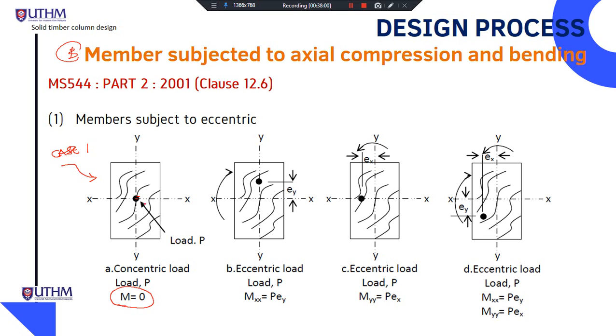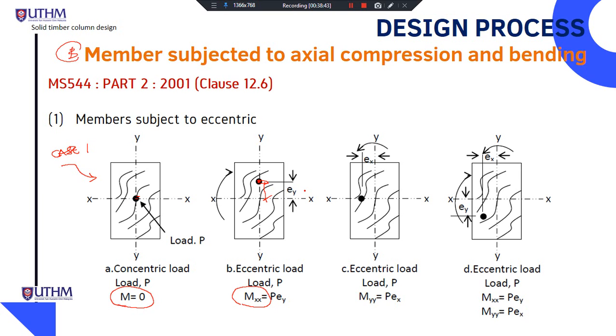Once this loading is located far from the centroid, from any direction, let's say this loading is located at a certain distance from X. There is a distance from this point to this point, meaning there is a moment where P multiplied by the distance gives the moment in the X axis. So the moment is calculated using P multiplied by EY.